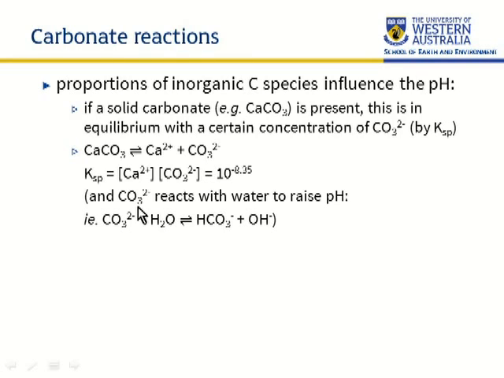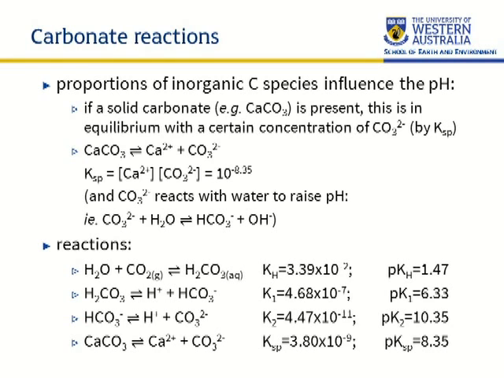We also know that carbonate can react with water, and that's a reaction which would tend to raise the pH. Carbonate is more strongly basic than water, so it can grab a hydrogen ion off the water molecule to form bicarbonate, and we get hydroxide in solution, a slightly alkaline solution usually.